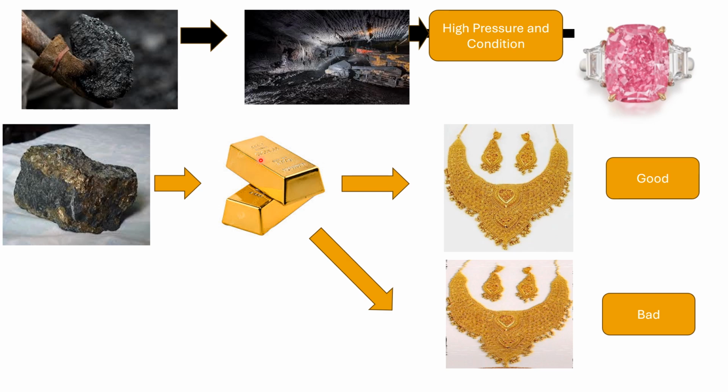This is very expensive, I know. This raw material has no price, but this has a lot of price. This is very expensive. This is the example of good architecture, and this is the example of bad architecture.